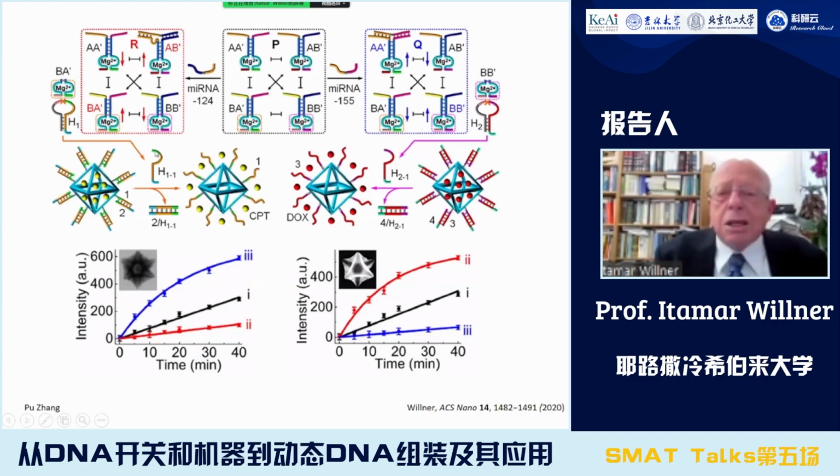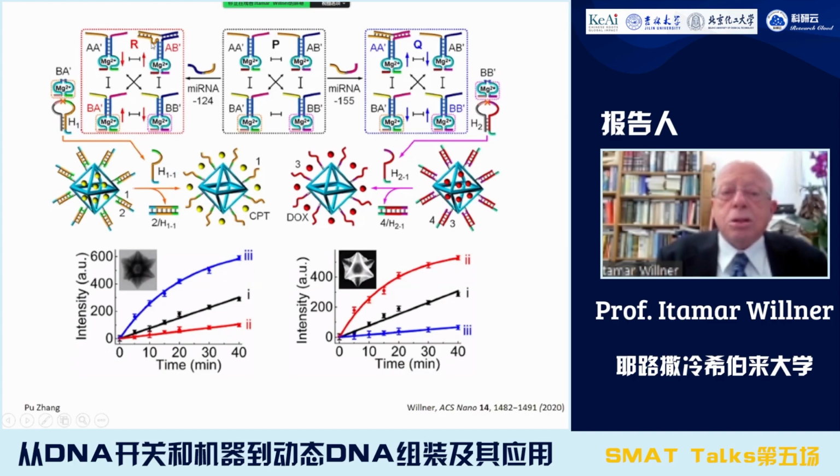The two drugs are released in an inefficient way that is demonstrated by the black curves in the two release pattern curves. If we subject the parent network, P, to microRNA 124, that is a marker of a certain kind of cancer cells, it will stabilize the constituent AB prime.